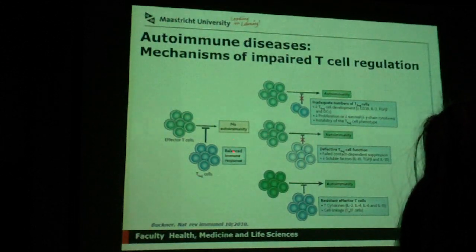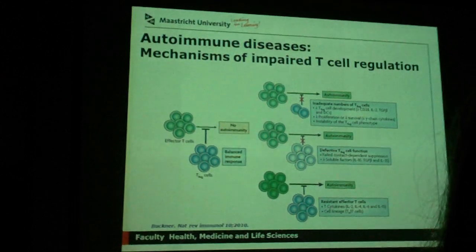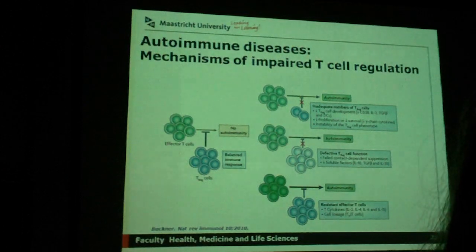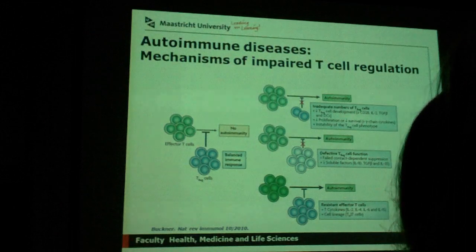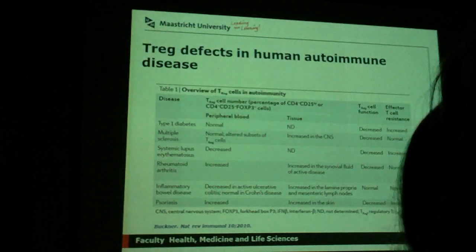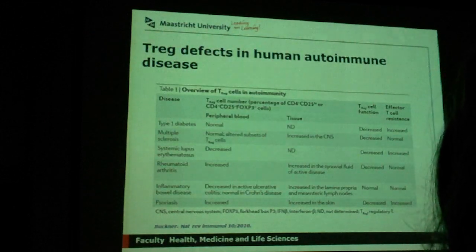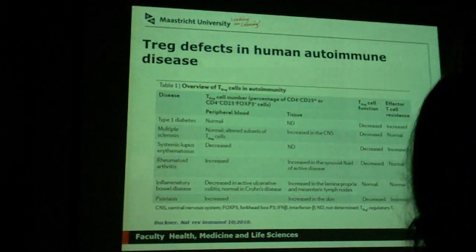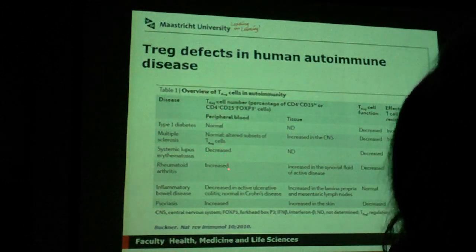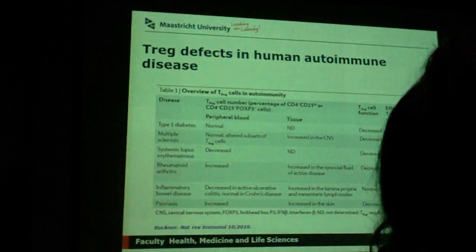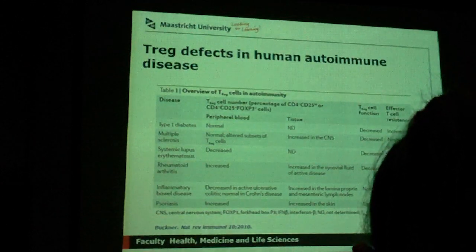So it's not only Treg dysfunction which can be disturbed, but it can also be the numbers or resistance of effector cells. And this indeed has been studied in a lot of different autoimmune diseases in the human being. Here you can see that in most cases there is nothing wrong with the number of Tregs.